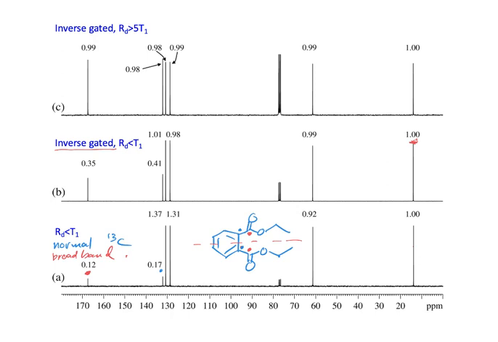And if you look at things like benzene rings, usually the quaternary carbons will be smaller. Sometimes they're smaller partly because there's some symmetry, and maybe the protonated carbons are 2s as well. But usually the quaternary carbons are small.